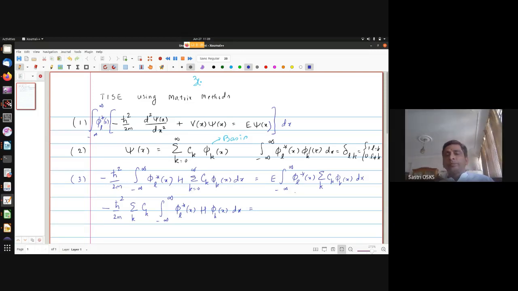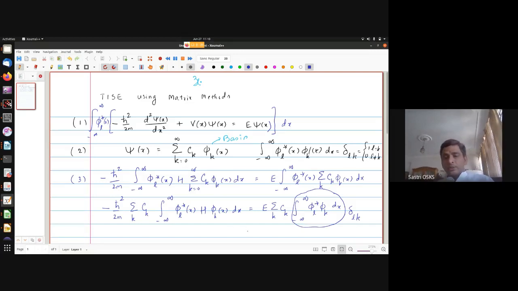This is equal to, now you see here the summation over k also will come out here, E times summation over k c_k, that is a linear operator. Integration is a linear operation, minus infinity to plus infinity phi_l star phi_k dx. So this value here is known to us. This is delta_lk.